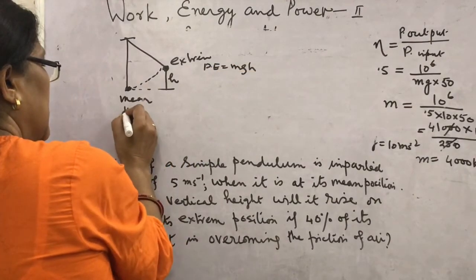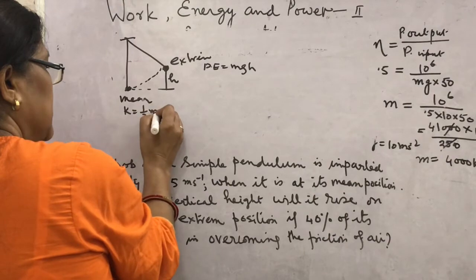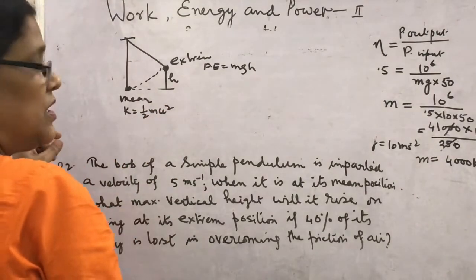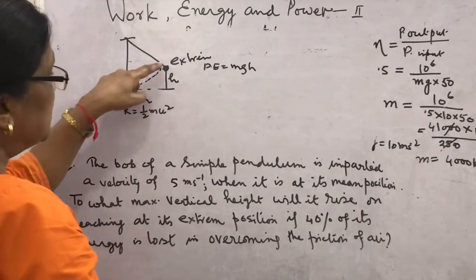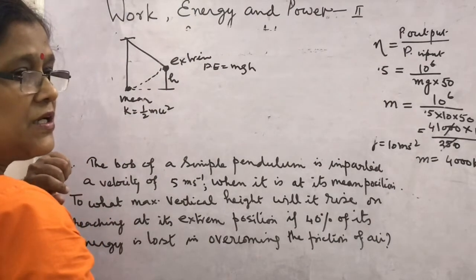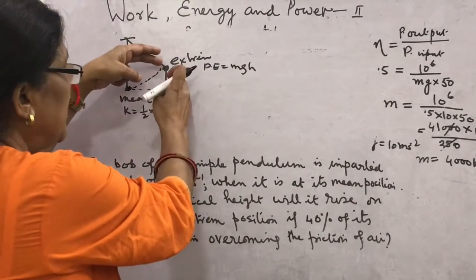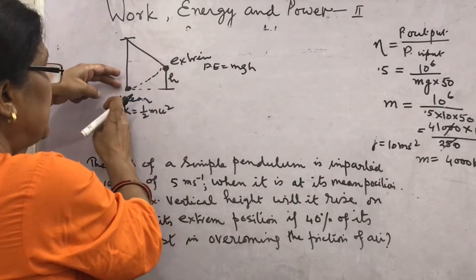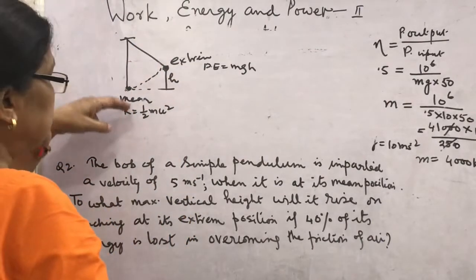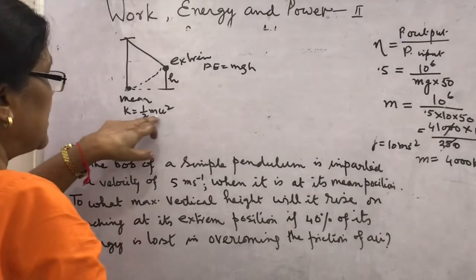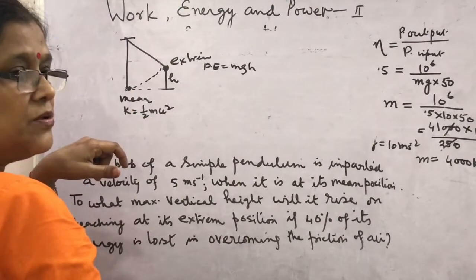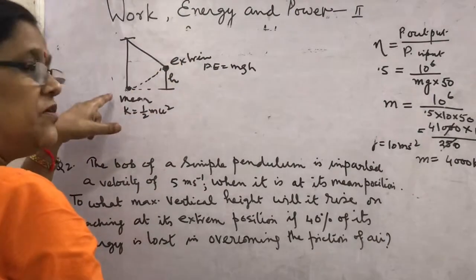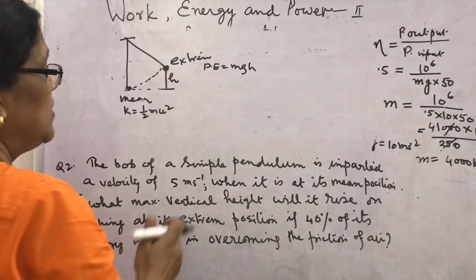Here the total is the kinetic energy which is half mv square. This total energy is converted into potential energy. That's why it comes at rest here. Or you can say whenever from rest it comes to the mean position, its velocity becomes maximum, then net kinetic energy is half mv square and potential energy, since no height, 0. So the total potential energy is converted into kinetic energy.